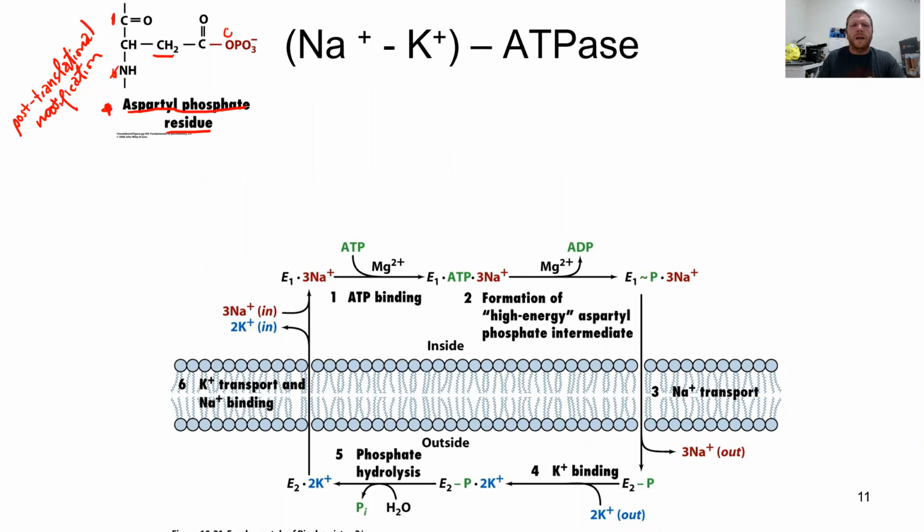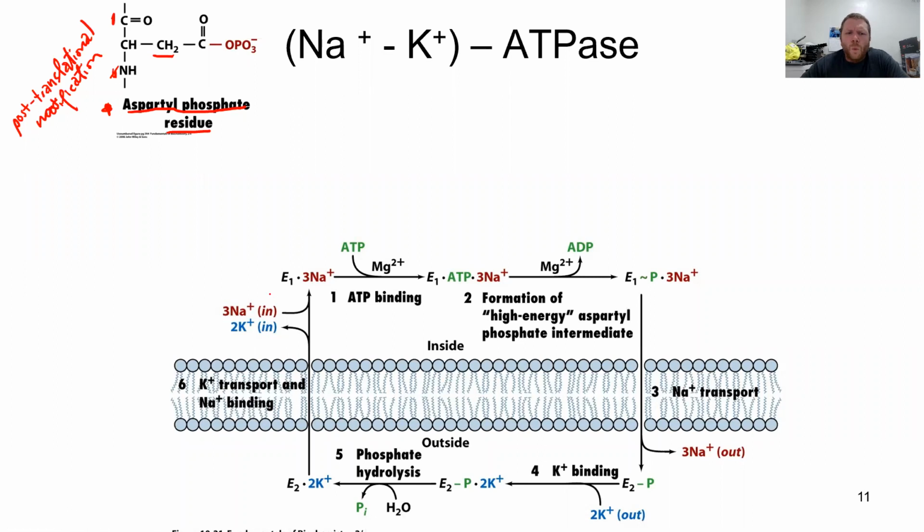We don't see this O minus. Instead, we see an OPO3, okay? So this is kind of unique because generally when we've talked about post-translational modifications, especially a phosphorylation, we see a phosphate group on something like a serine. In this case, we don't. So that's just sort of an interesting thing that I'd like to point out.